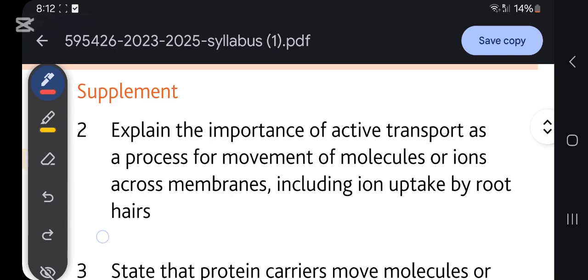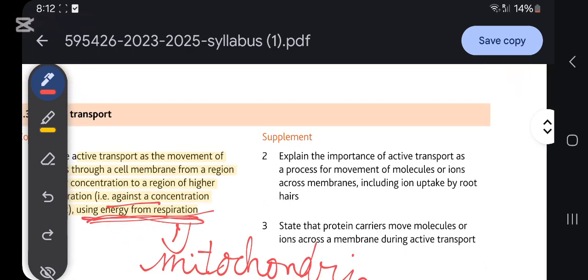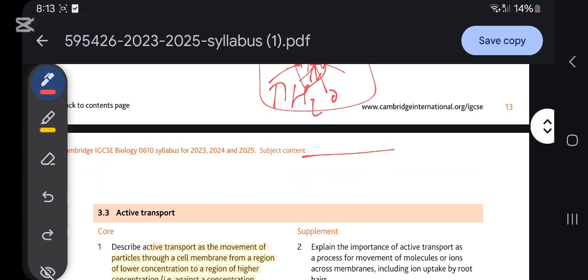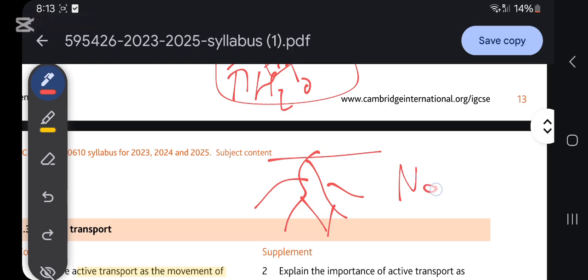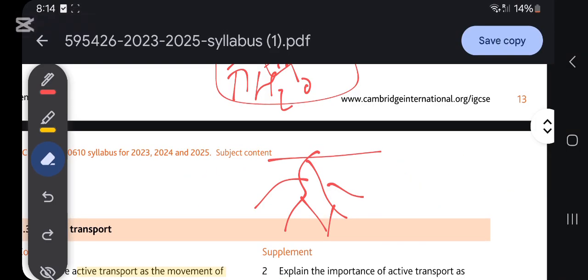Now, what is the importance of active transport? Basically, the root hair cells take in ions from outside of the plant by active transport. These are the roots, and there are fewer ions outside, like you can imagine K plus, potassium.